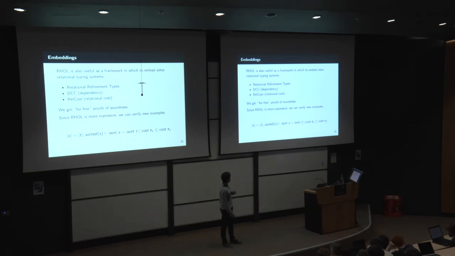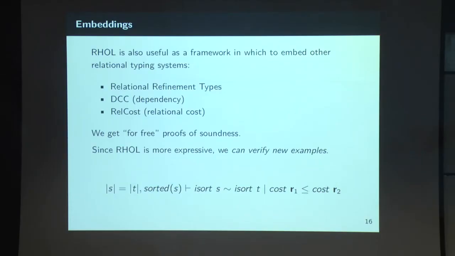And more importantly, in RHOL we can mix functional properties and sort of monadic properties. So for instance, one of the examples we prove in the paper is that insert sort on a sorted list is faster than insert sort on a non-sorted list.